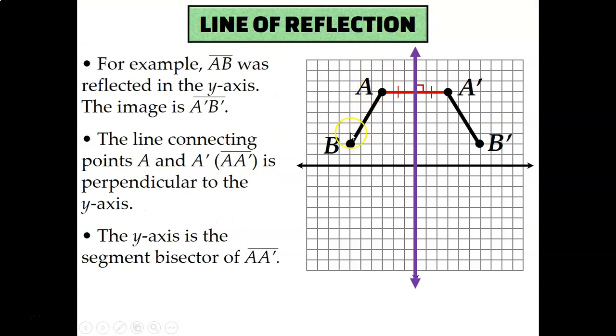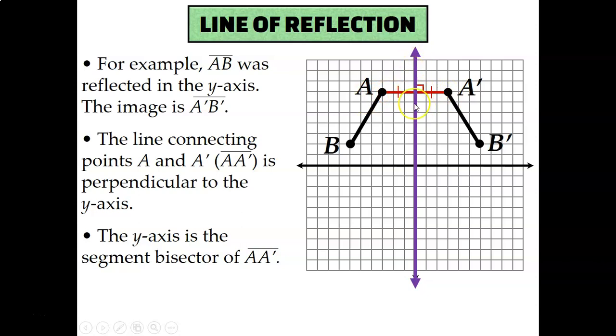Here we have pre-image segment AB, and image segment A'B'. Segment AB was reflected over the y-axis. So if I were to connect the pre-image point of A to the image point A' and connect them with a line, this line is perpendicular to the line of reflection.